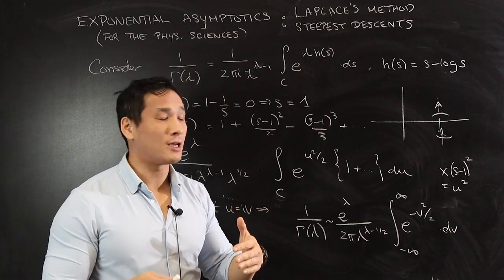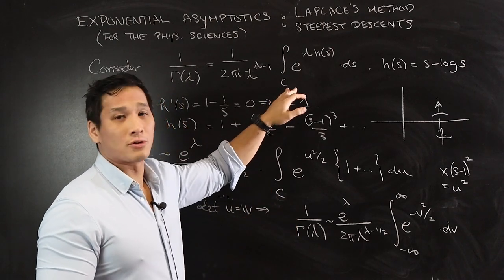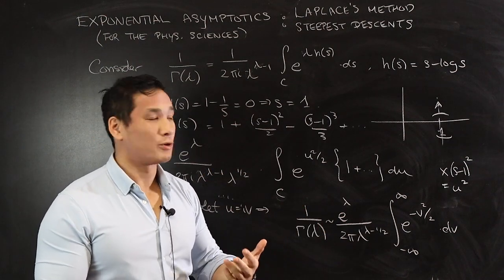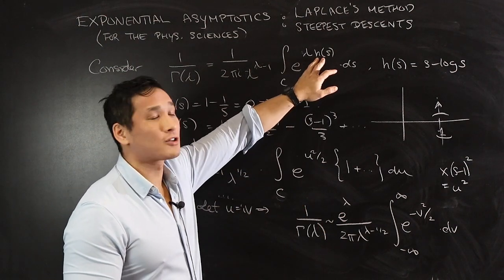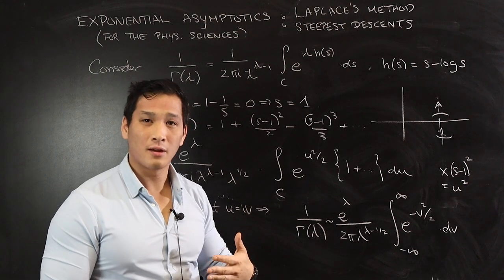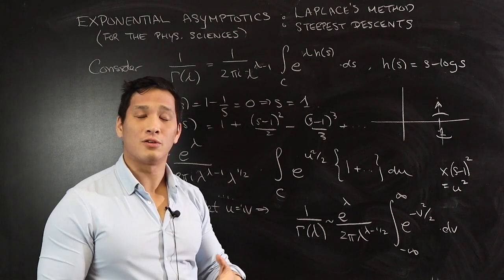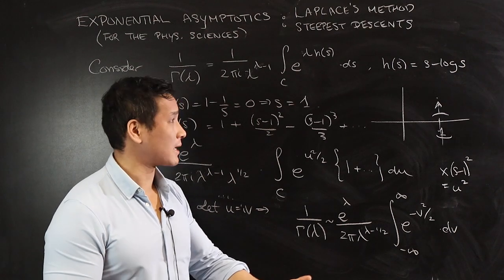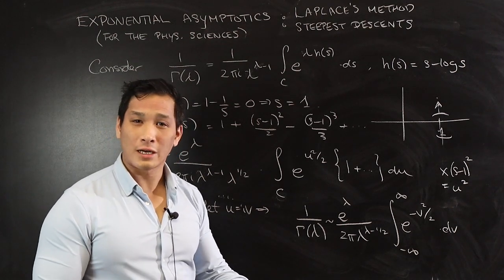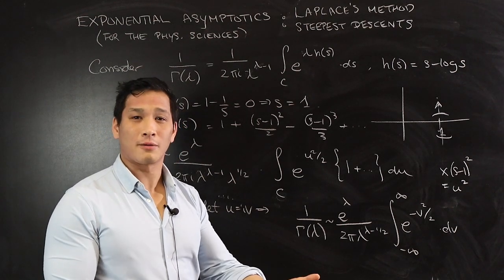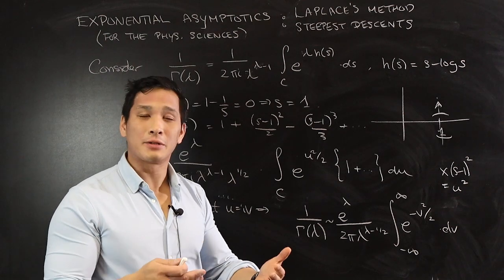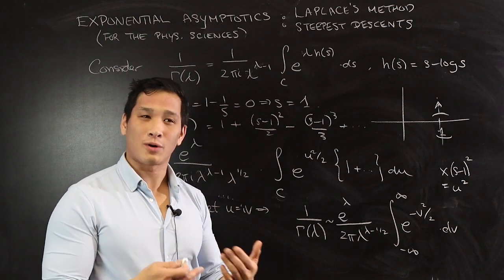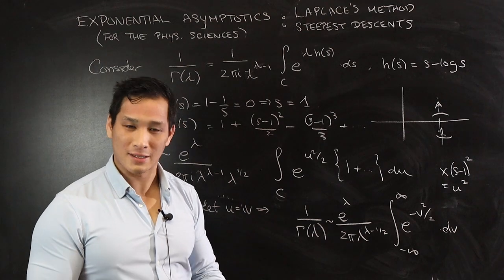So it's advantageous for you to deform your contour through such points. But because it's a complex function, it has a phase argument, and therefore it's advantageous for you to deform along paths of constant phase, of constant psi. It turns out that if you deform along paths of constant psi, this happens to be exactly the directions of steepest descent or ascent. And that's why this is called the method of steepest descents.